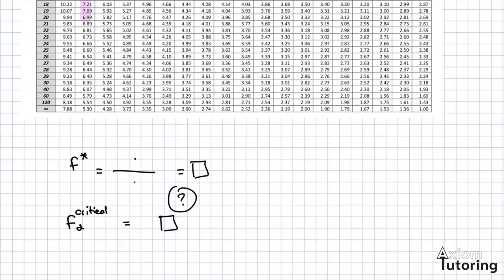And the rule stays exactly the same as what we learned with the t statistic: if the F star, the one that we calculate, is bigger than the F critical that we find in the table, that means that we reject the null hypothesis. Otherwise, we don't have enough evidence to reject the null hypothesis.